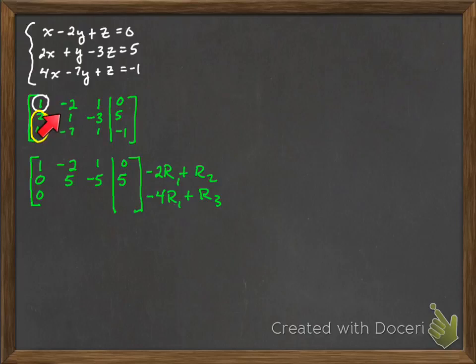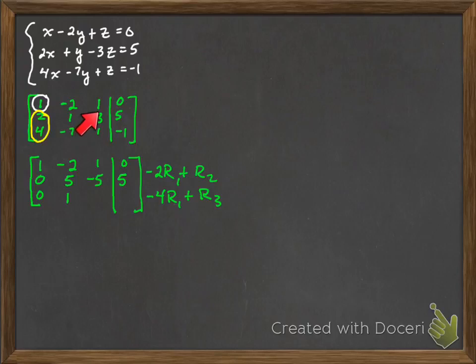All right, so now we're going to take the next number. -2 times -4 is +8, and then +8 plus -7 is a 1.